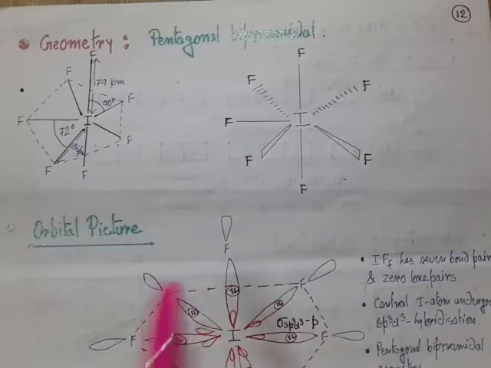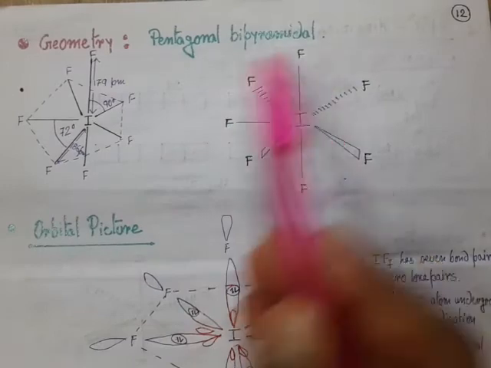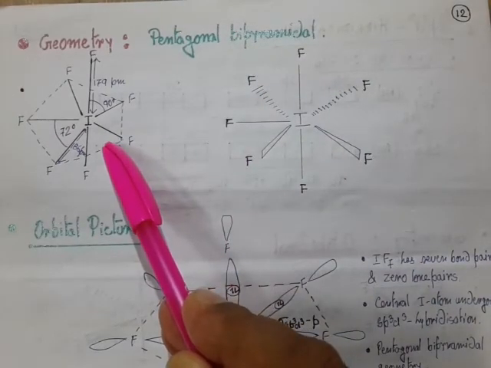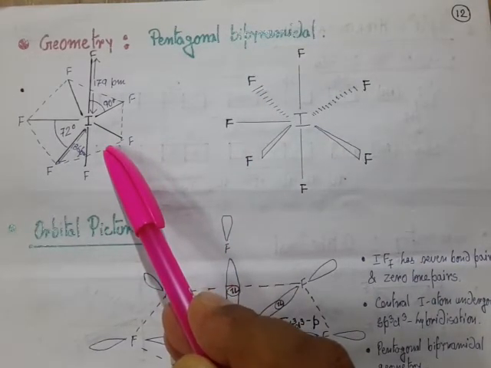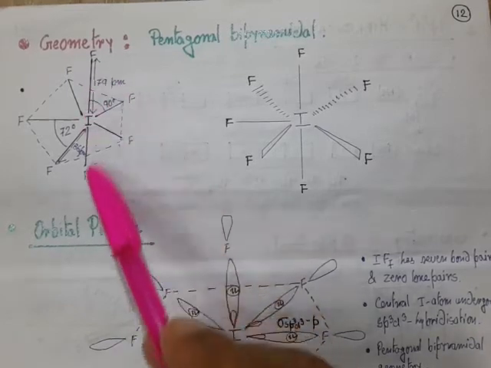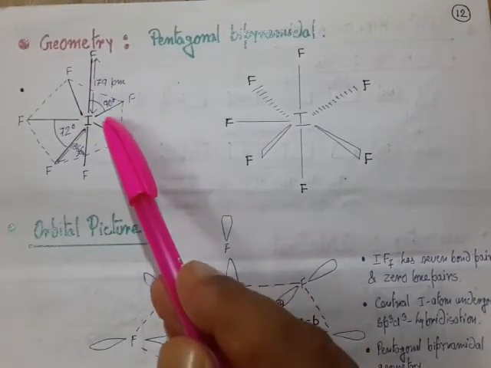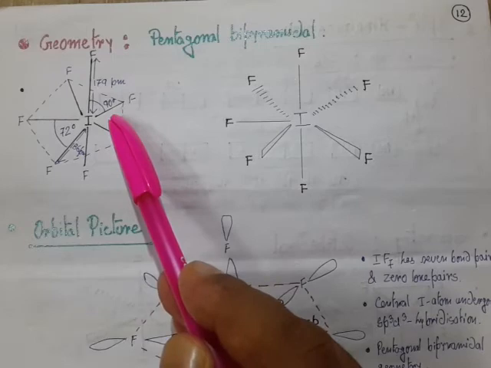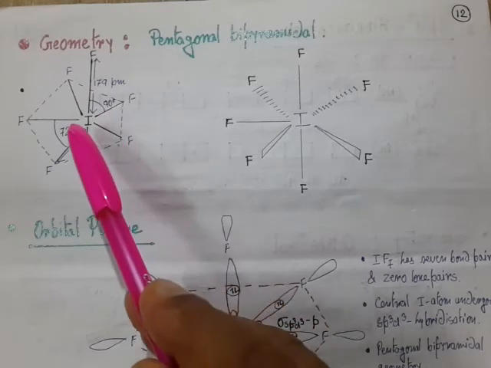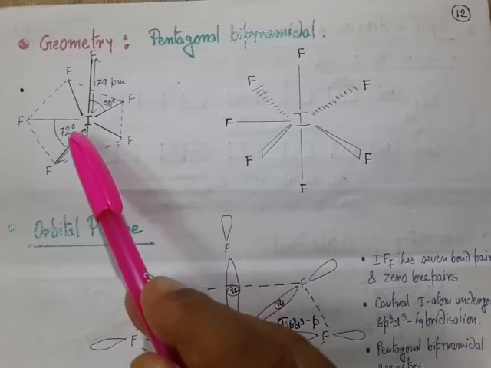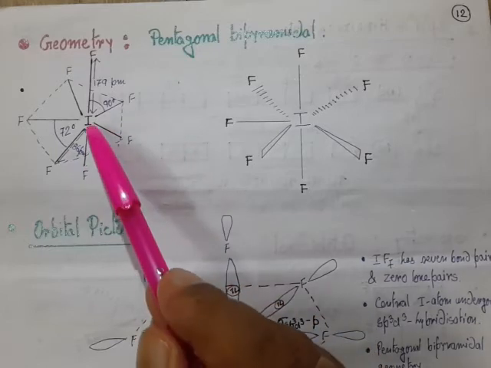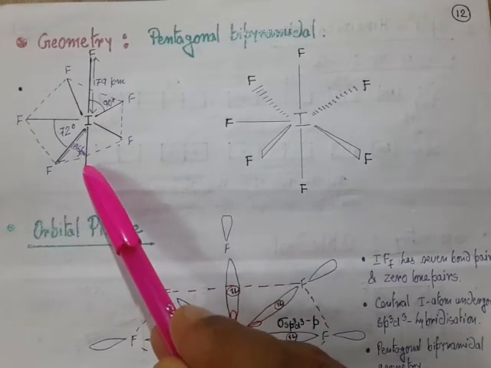Now what about the geometry? The geometry is pentagonal bipyramidal, where the axial bond length is 179 picometer. The angle between axial and equatorial bond is 90 degrees. The angle between equatorial bonds is 72 degrees, and the length of the equatorial bond is 186 picometer.